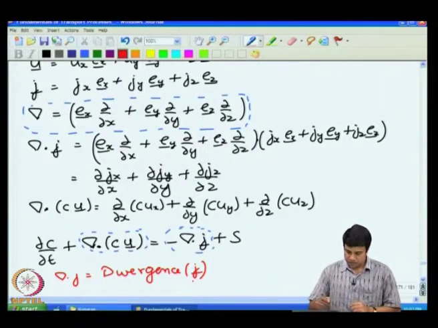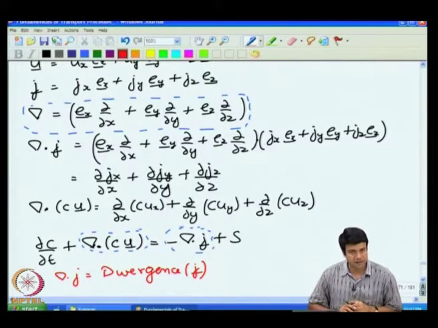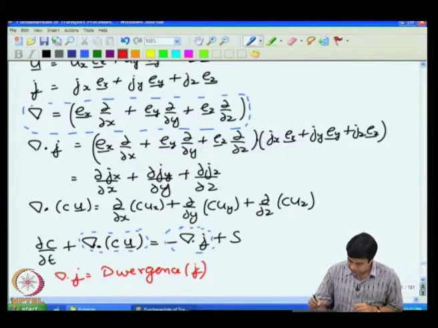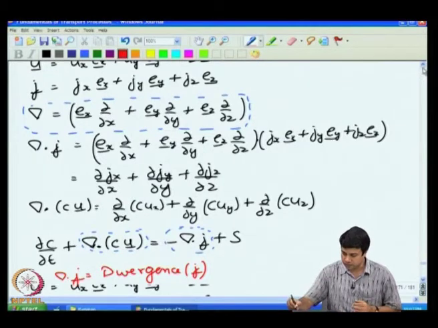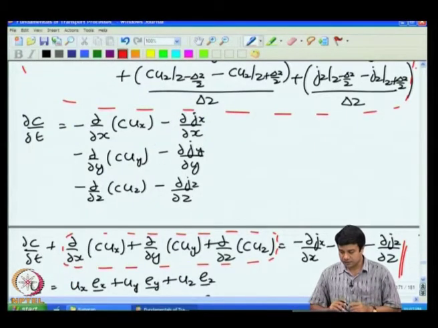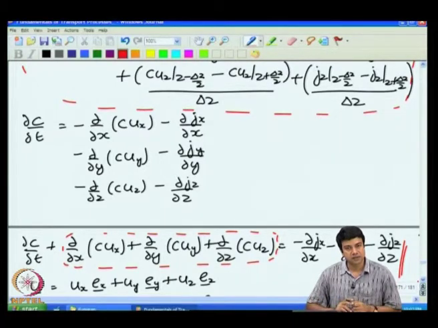It's a dot product between two vectors. The gradient is a vector, the flux is a vector, and therefore, the divergence of j is a scalar. Similarly, on the left hand side, we can write the terms in red on the equation on the left as the divergence of the concentration times the velocity, the local concentration times the local velocity.